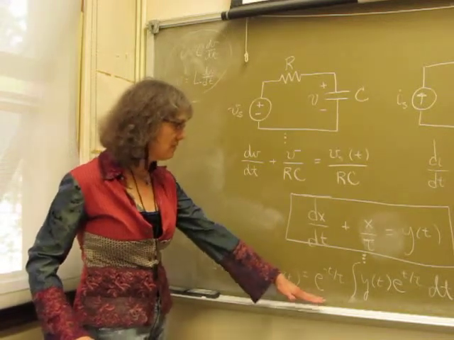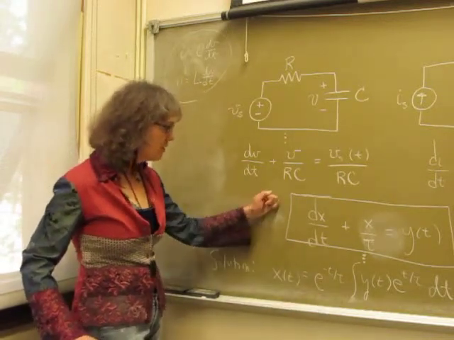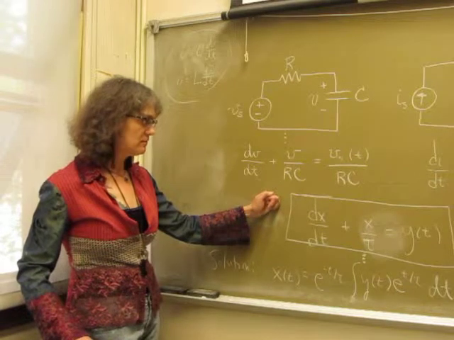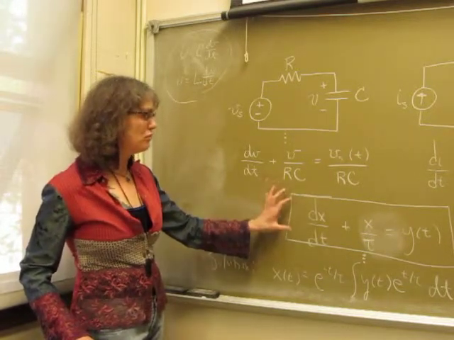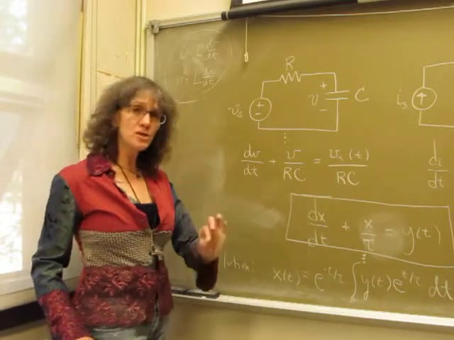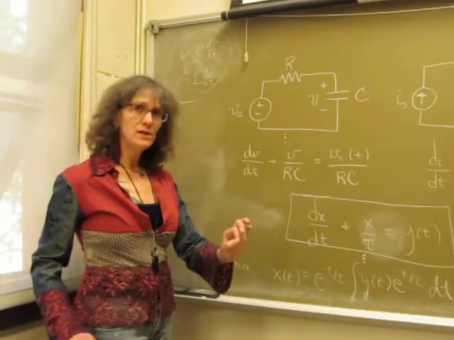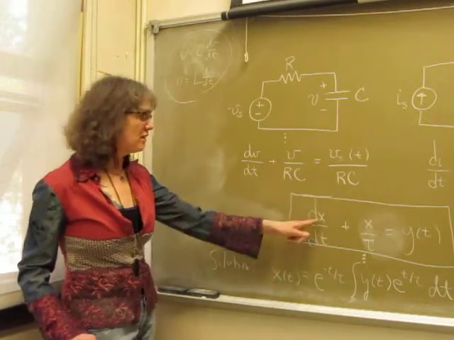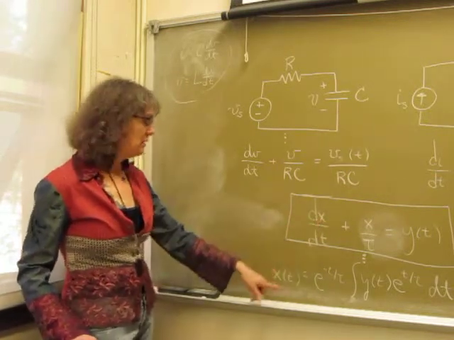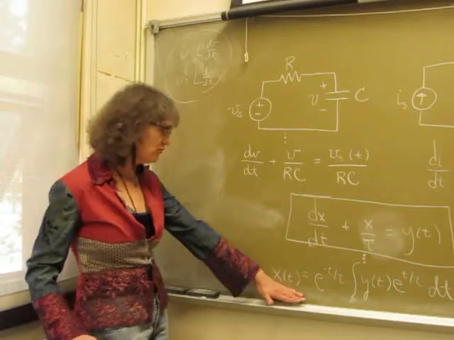But here it is. This is the solution to this differential equation. Notice that when you have differential equations, the solution you're looking for is a function of time. It's not just a value of x here. X is a function. So here's the solution.